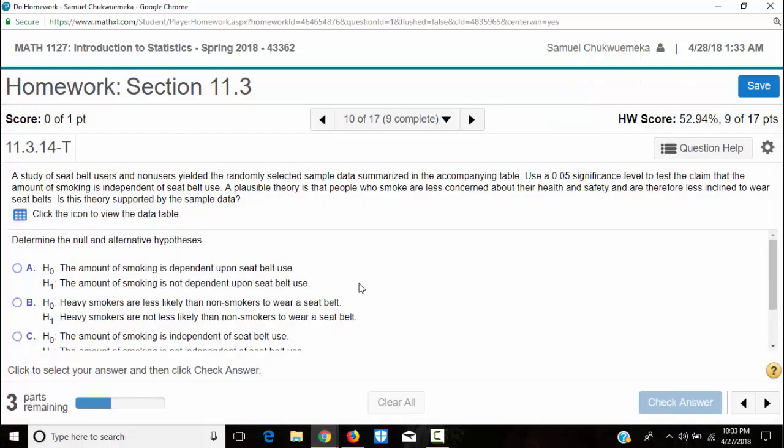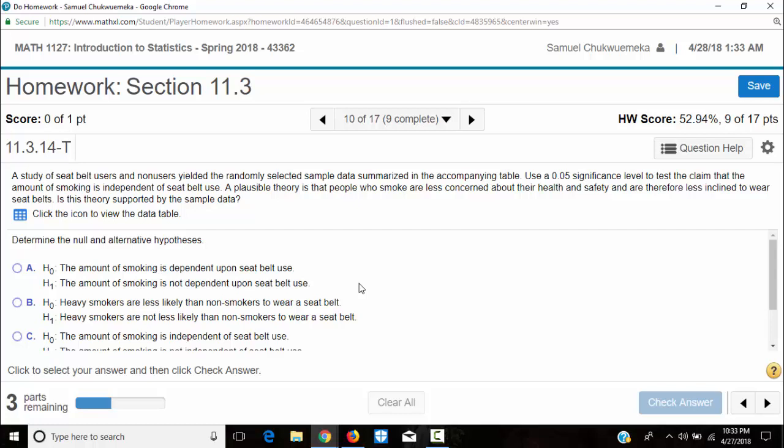Question 10. A study of seatbelt users and non-users yielded the randomly selected sample data summarized in the accompanying table. Use a 5% significance level to test the claim that the amount of smoking is independent of seatbelt use. A plausible theory is that people who smoke are less concerned about their health and safety and are therefore less inclined to wear seatbelts.